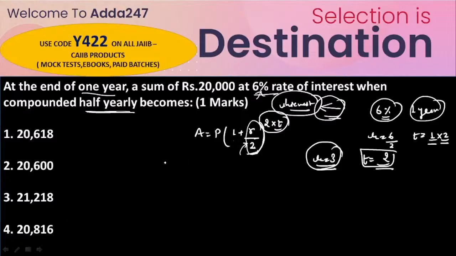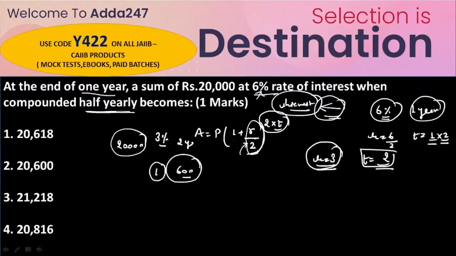Now we know that for the first year, the principal is 20,000 rupees. So in the first year, the interest applied on this would be 600 rupees, at a rate of 3% and the time period of 2 years. In the other year, this 600 would be the same.